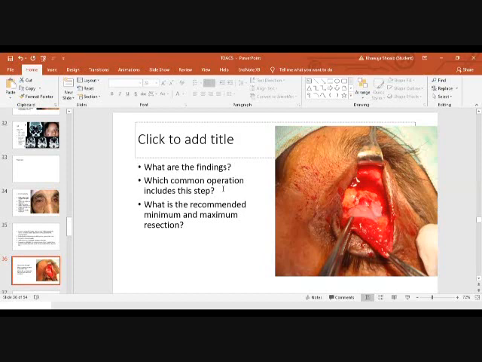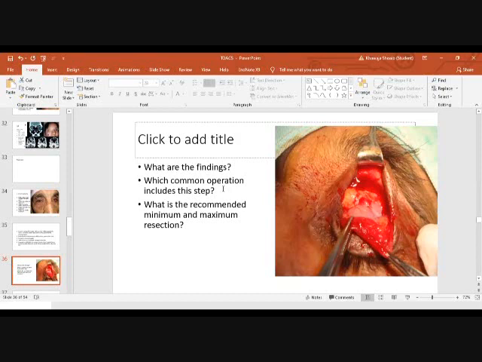And the lid speculum is holding which structure? Skin and subcutaneous tissue, sir. Good. Skin and orbicularis are being held by the lid speculum, while the forceps are holding the levator aponeurosis. Can you see anything in between the two structures?